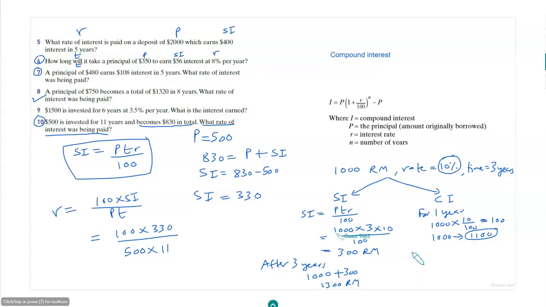Now what happens after 2 years? After 2 years, your money increases by 10% again. So 1100 increases by 10%. So how much will you have at the end of 2 years?